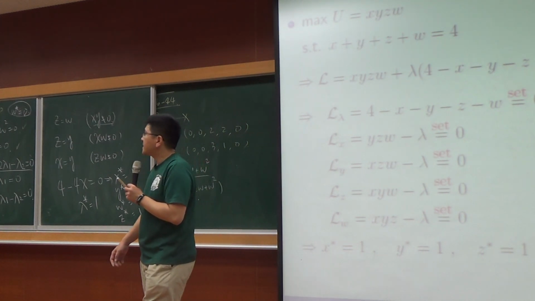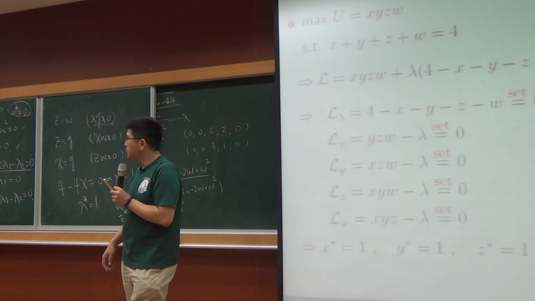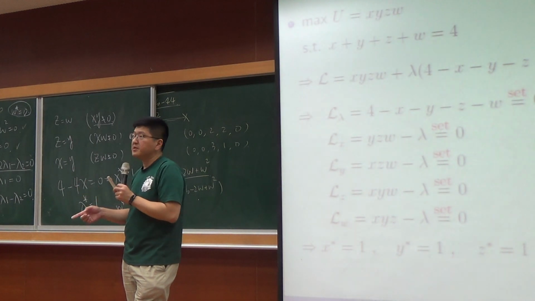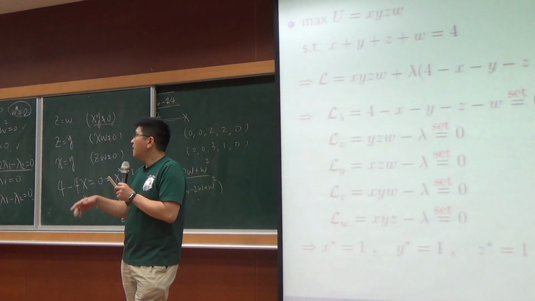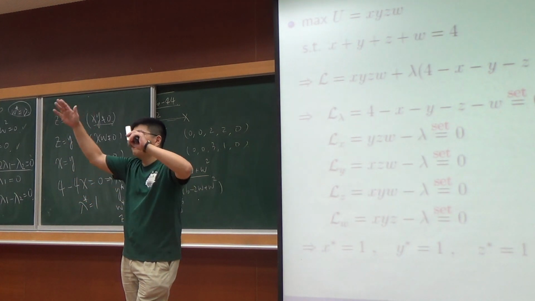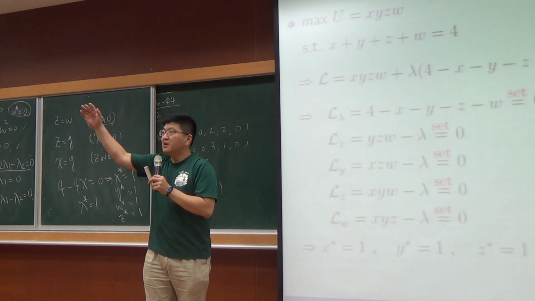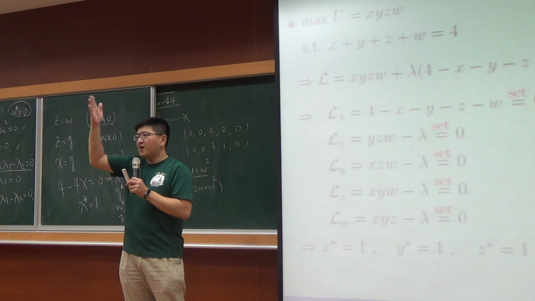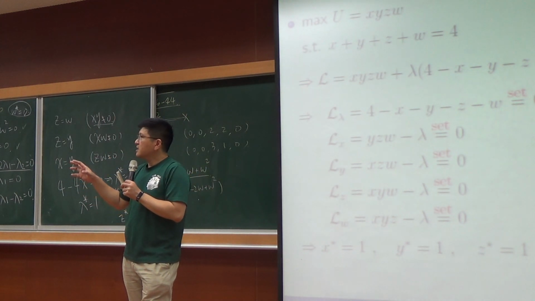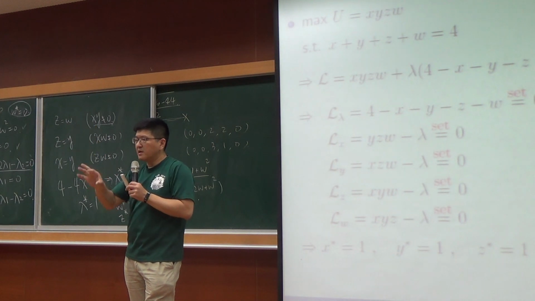Because I have no time to introduce the second order condition here, as it would be a 5 by 5 matrix, 5 rows, 5 columns, that big matrix, and we need to compute something.